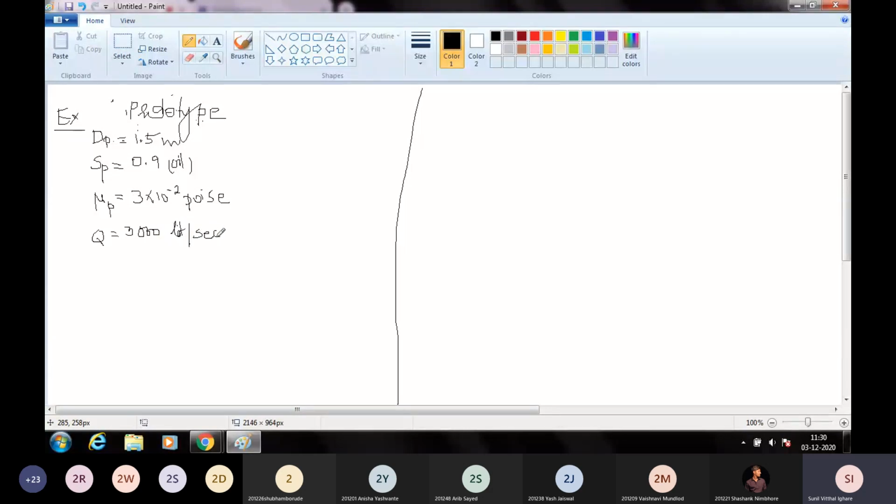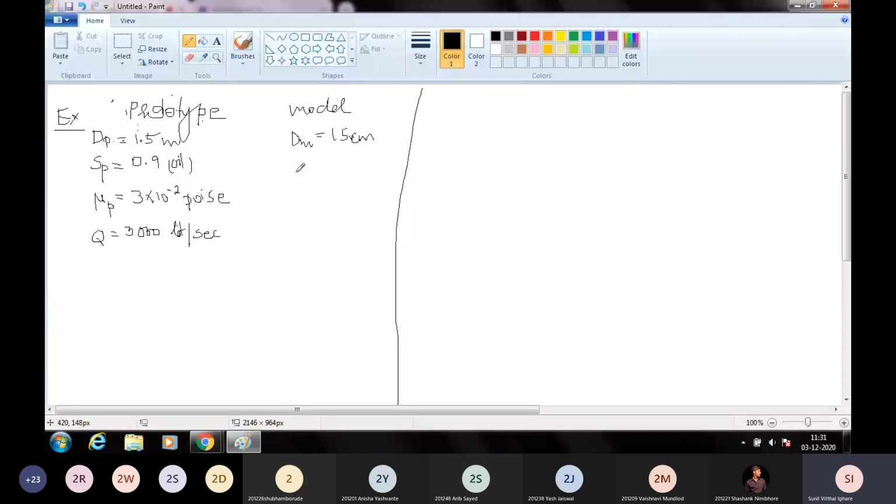Tests were conducted on a 15 centimeter diameter pipe. That means it is talking about the model, since the test is always done on the model. So the diameter of the model is 15 centimeter, while the prototype has a diameter of 1.5 meter, at a temperature of 20 degrees Celsius.